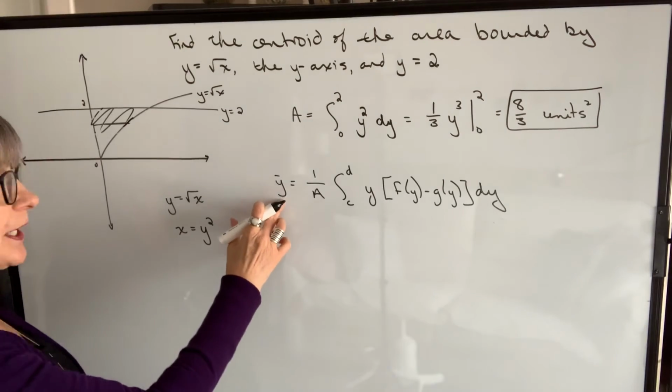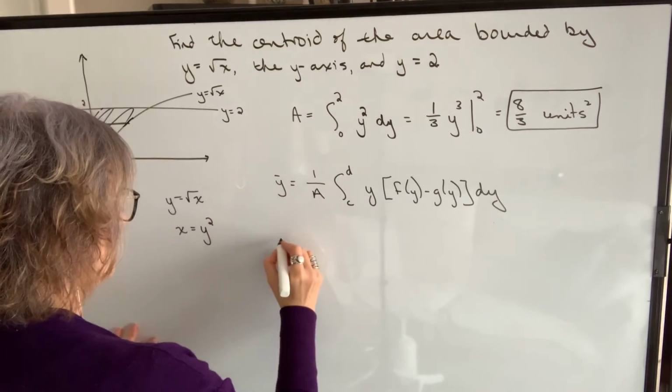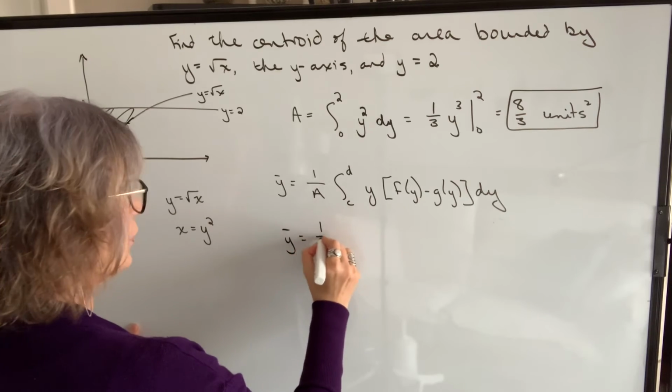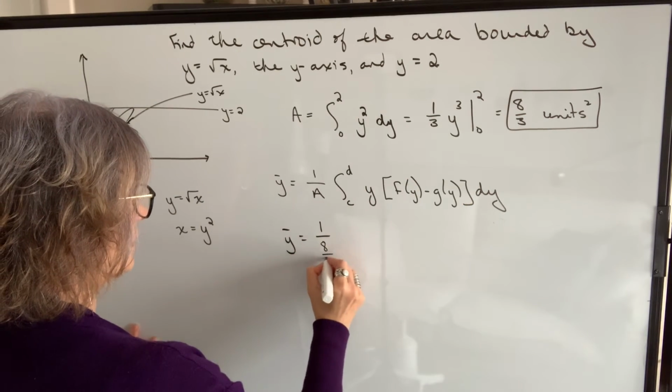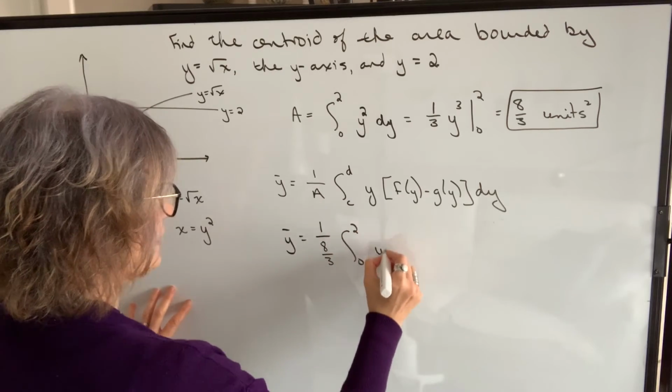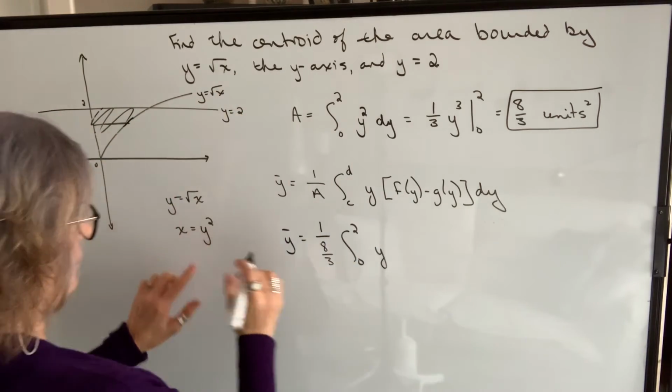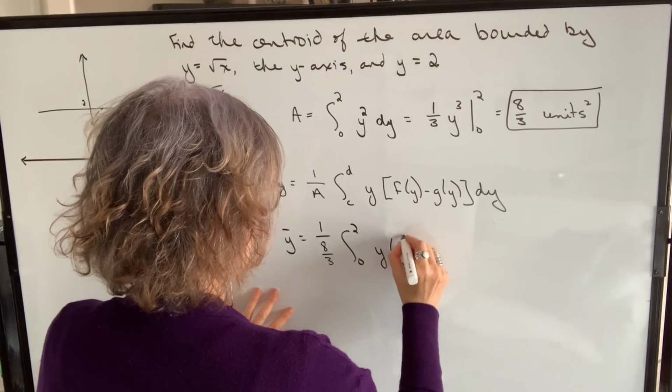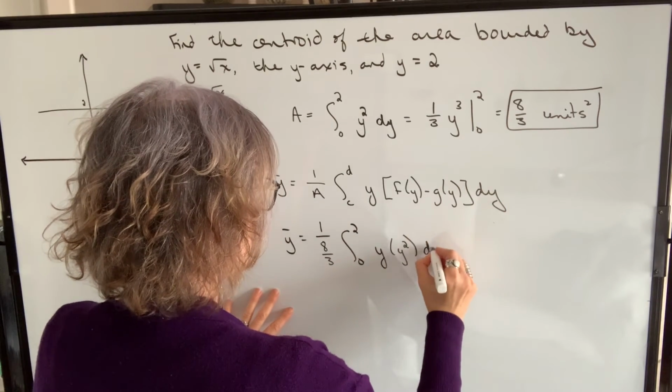Let's start with the y coordinate of our centroid. So it will be 1 over a, so 1 over 8/3, times the integral from 0 to 2 of y times f of y, which is y squared, minus 0 dy.